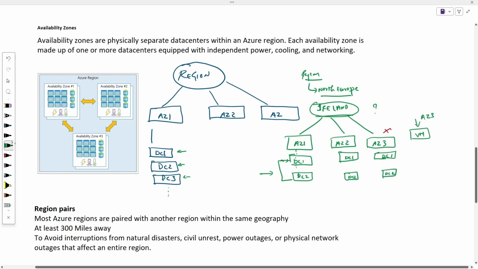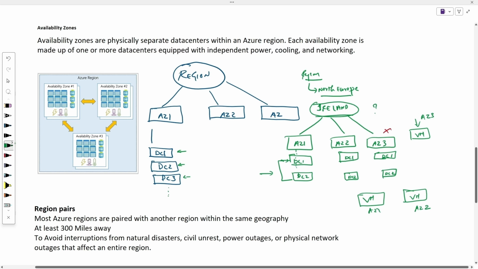Microsoft says whenever you create a virtual machine, you need to create it at least in 2 availability zones. This is availability zone 1, this is availability zone 2. At least you need to create in 2 availability zones.